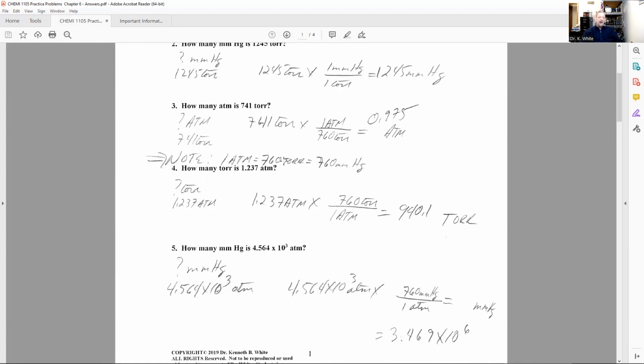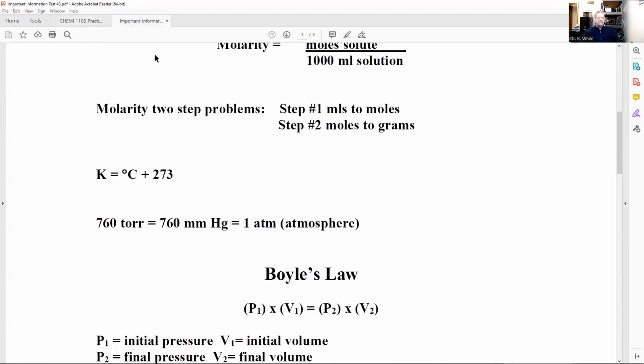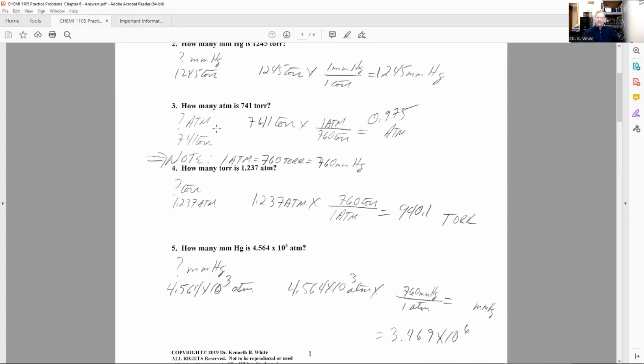And if we look at important information, 760 torr equals 760 millimeters of mercury equals 1 atmosphere. Therefore, for number 3, I have 741 torr. I'm trying to go to atmospheres.